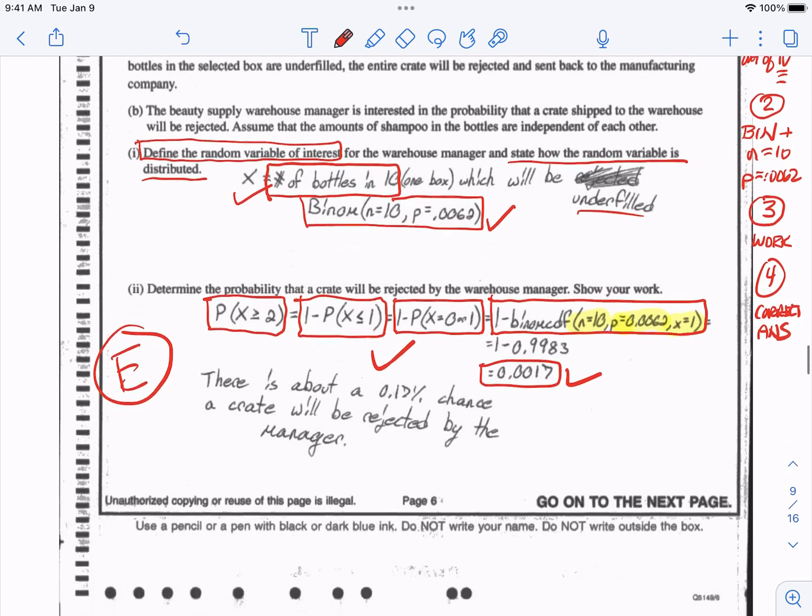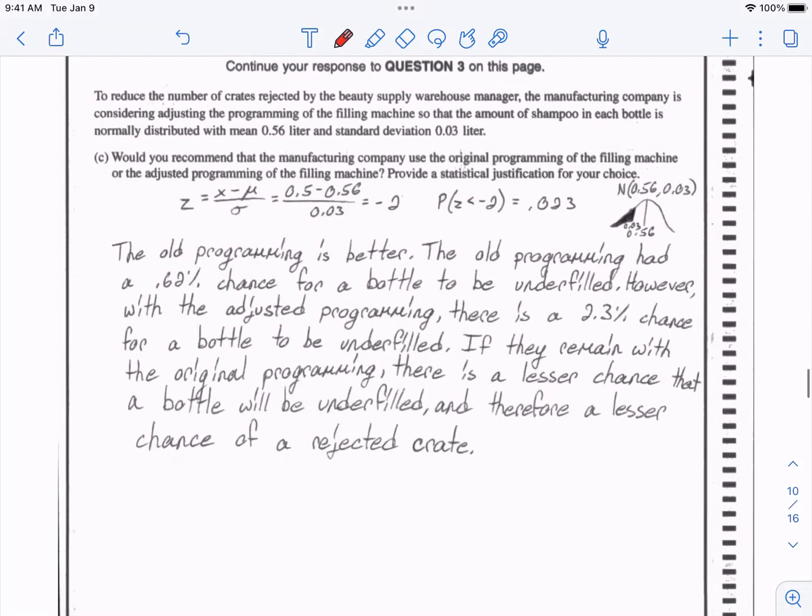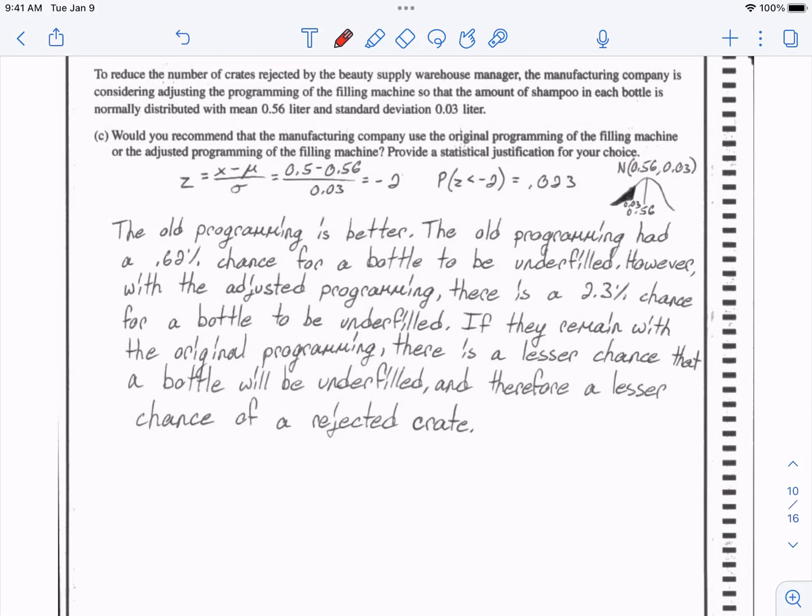And then we go to the 3rd part, and they were supposed to calculate using some adjusted numbers that they were given, and they were supposed to decide if the old programming is better or if the new, adjusted programming is better. And so there's only 2 things.